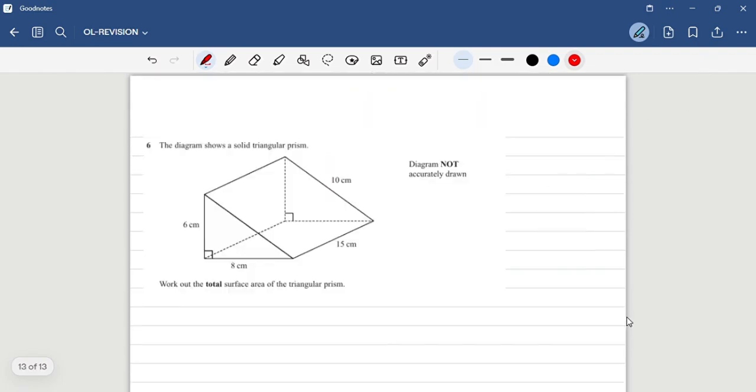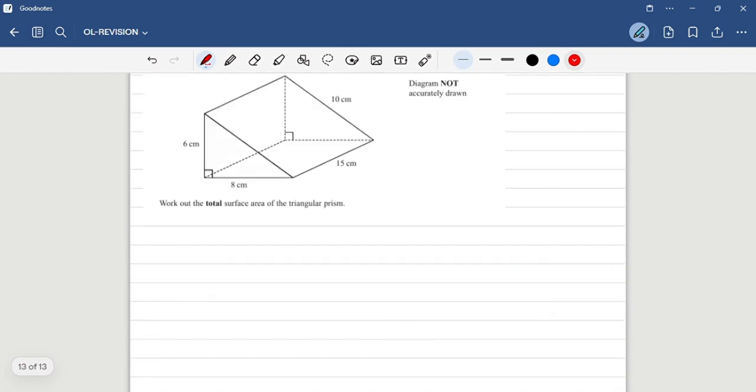Since he asked me for the total surface area, I have to write the rules. I have 2 same, or congruent, triangles, plus 3 different rectangles.